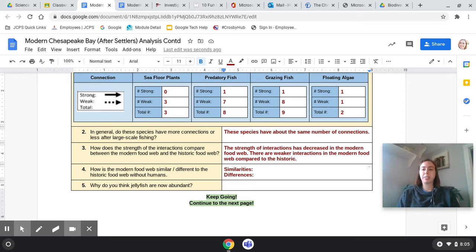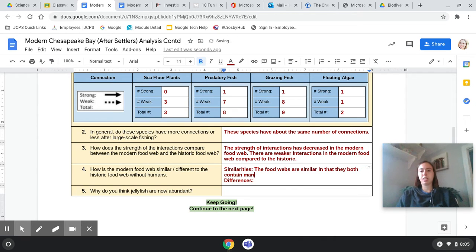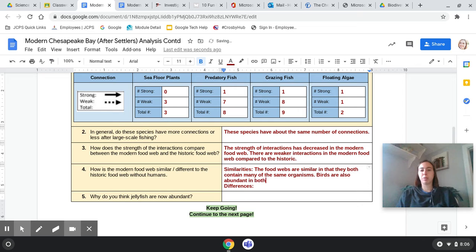So we'll put down some of those similarities we just mentioned. The food webs are similar in that they both contain many of the same organisms. Birds are also abundant in both.